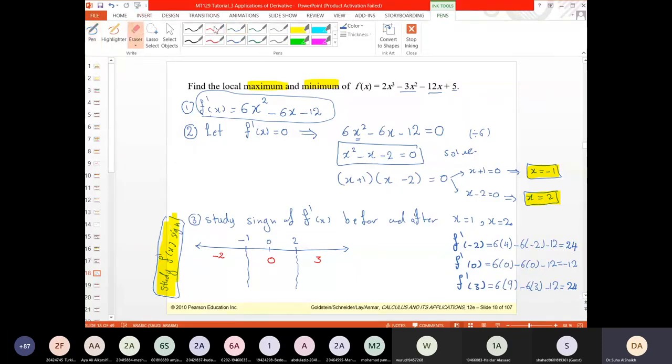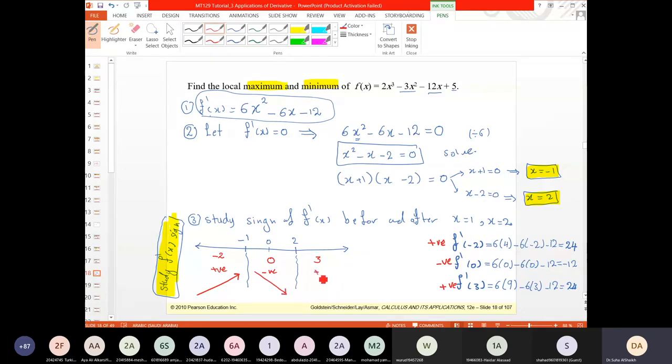So what I care about is whether it's positive or negative. This one is positive as you can see, this one is negative, this one is positive. So we come back here. At -2 it is positive, which means it is increasing. At 0 it is negative, which means it is decreasing.